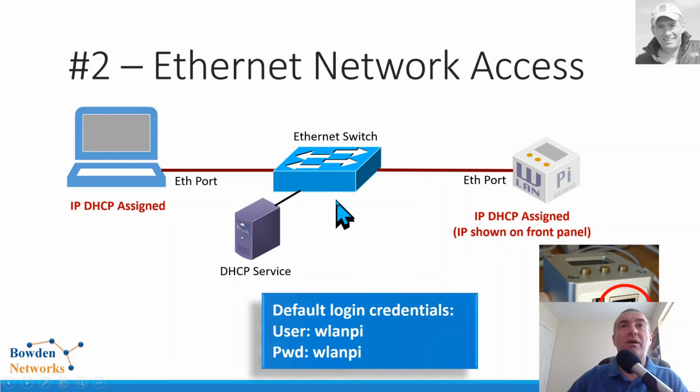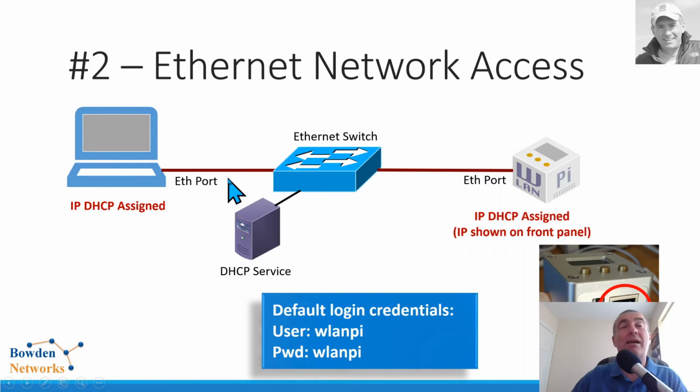If it's in an enterprise network, you probably have some Ethernet port on one of the corporate switches somewhere, and hopefully that will be able to give you an IP address so that you can get network connectivity to the WLAN Pi. I'm also showing a connection here from my laptop. I'm showing it going over an Ethernet port, but realistically this could be any sort of network connection that we choose to use.